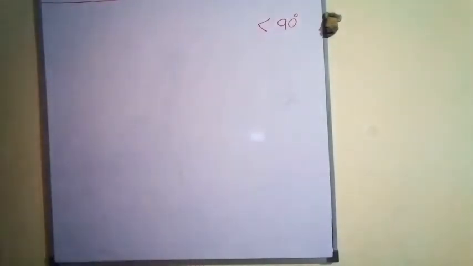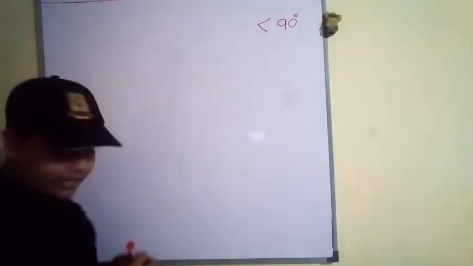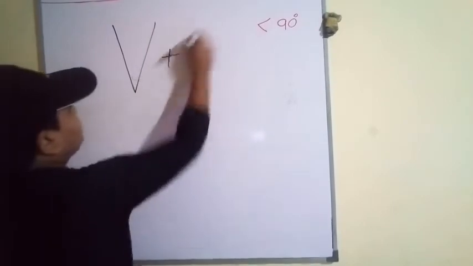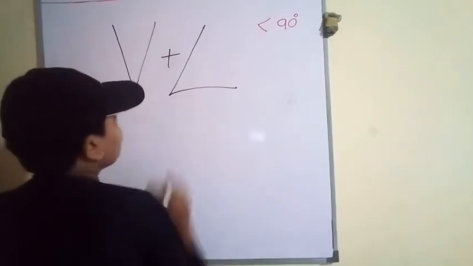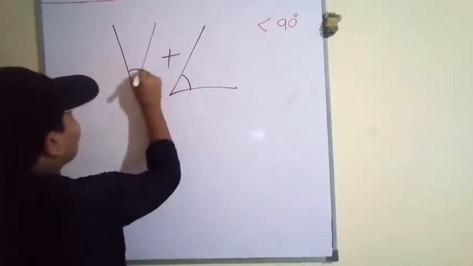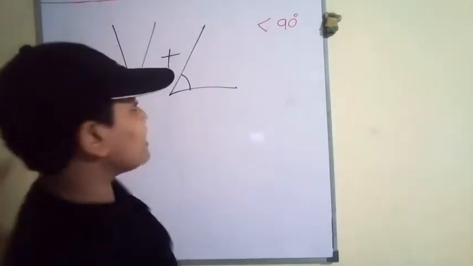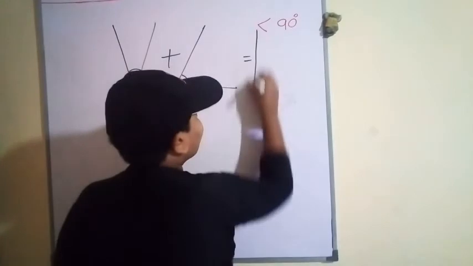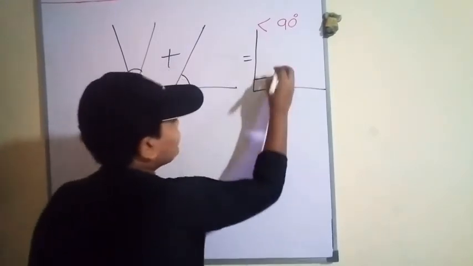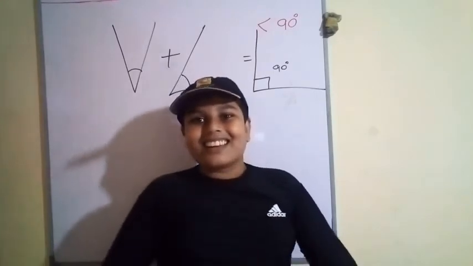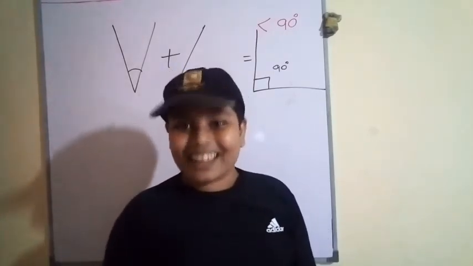Now, if you get two angles like this, what is the answer? This is the right angle, 90 degrees, right? 90 degrees means the right angle, you know that.